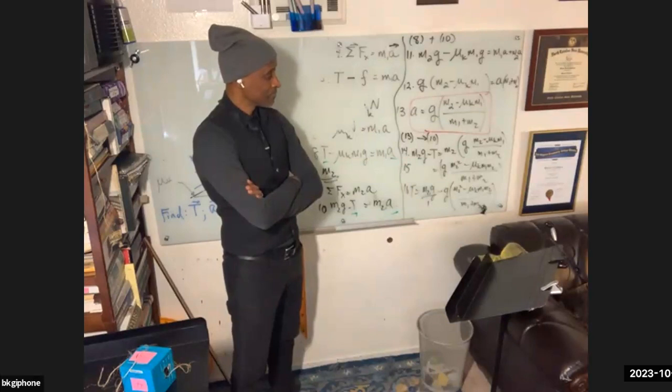I honestly, it just seems so closely related to the last one, and I think I'm second guessing myself. But to me it makes sense, because the only thing that's changing in this problem is the angle at which mass one is sitting. So yeah, I guess I'm just second guessing myself.